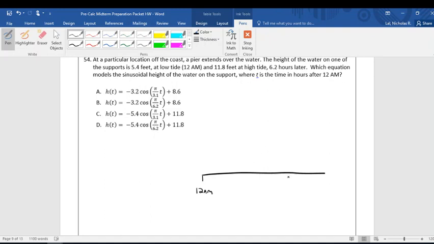Wait, 2/10 of an hour is 12 minutes. So this is going to be at 6:12 a.m. This is a difference of 6.2 hours. And also, at 12 a.m. we are at 5.4 feet.